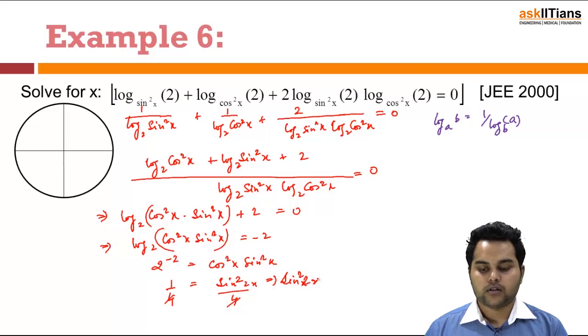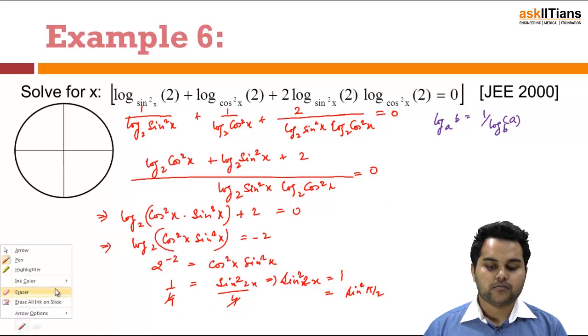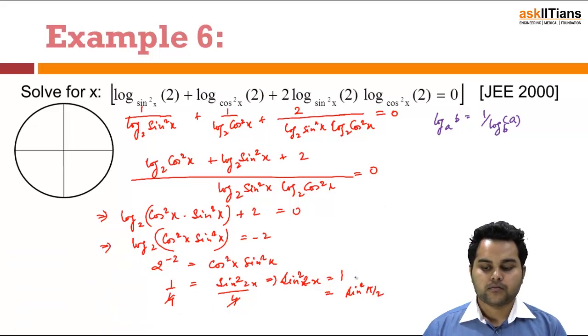Now this is of the form sine square theta is equal to sine square alpha, the solution to which was n pi plus minus alpha. So I'll write it down as sine square pi by 2, and hence the solution to this equation would be 2x is equal to n pi plus minus pi by 2, or x is equal to n pi by 2 plus minus pi by 4.